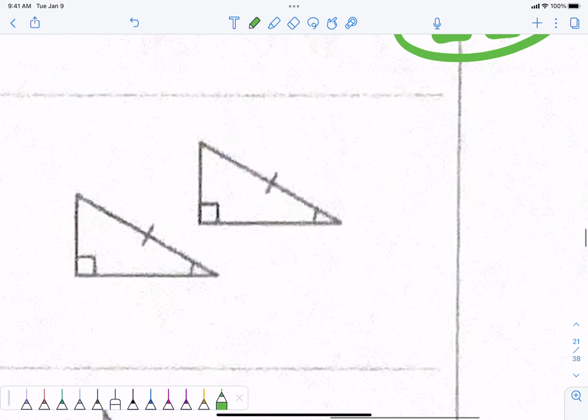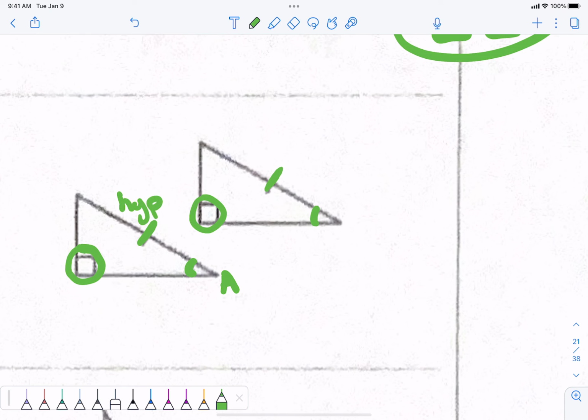We have two right triangles. We're given that they're right triangles, so we already have this right angle. Okay? And they're telling us that this angle matches this one and this side matches this one. Now, this is an angle, and this side specifically is the hypotenuse. So this guy is called hypotenuse angle, right?